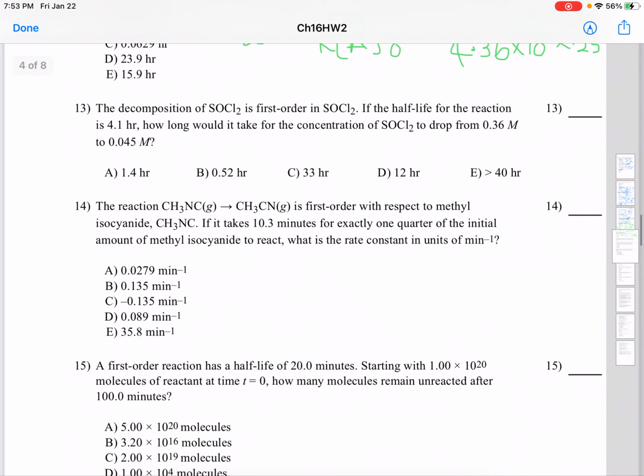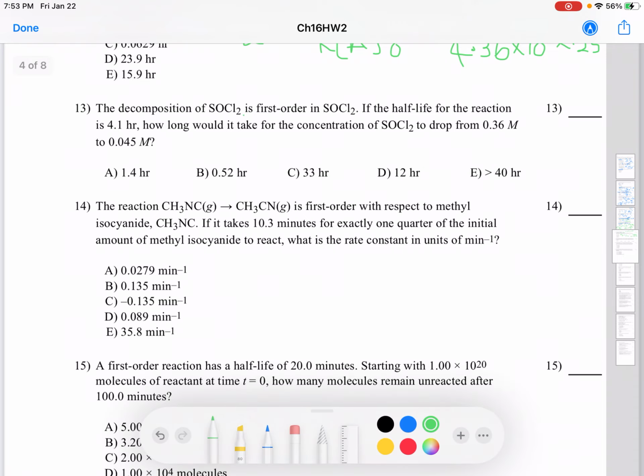And number 13: the decomposition of thionyl chloride is first order in thionyl chloride. If the half-life for the reaction is 4.1 hours, how long would it take for the concentration of thionyl chloride to drop from 0.36 to 0.045? It says it's a first order reaction already, and the half-life is also given as 4.1.